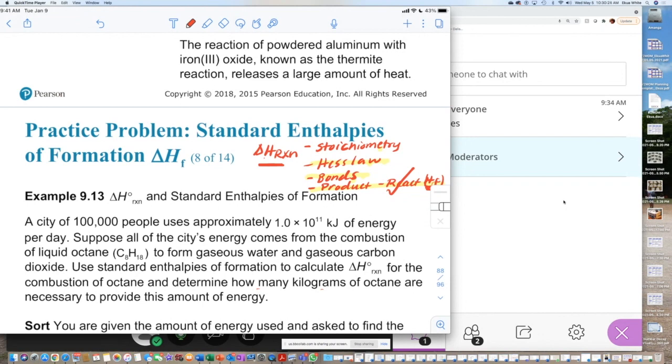Delta H's of reaction using stoichiometry, using Hess's law, bonds. Since I have these underlined here, you can find delta H of the reaction using stoichiometry, you can use Hess's law, you can use the bond breaking, right? Remember the bond breaking, you do the breaking minus the formed, and then you can do the products and the reactants. So we have seen this, this, and this.